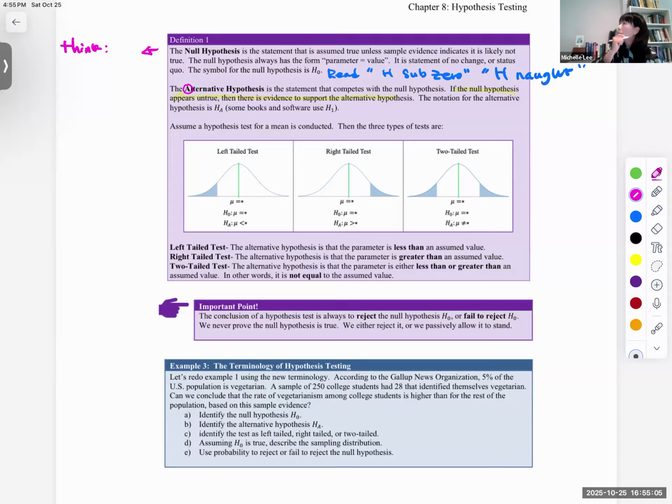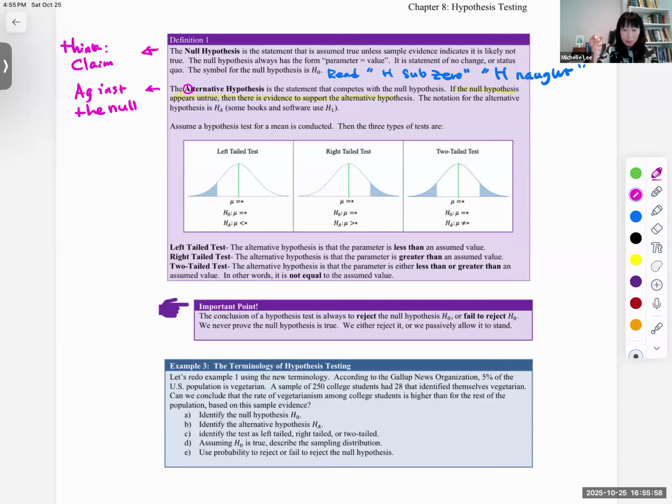Think: start with the claim, and the alternative is against the null. If there is nothing against the null hypothesis, there's nothing to do, right? So the null hypothesis is always a parameter equal to a value.